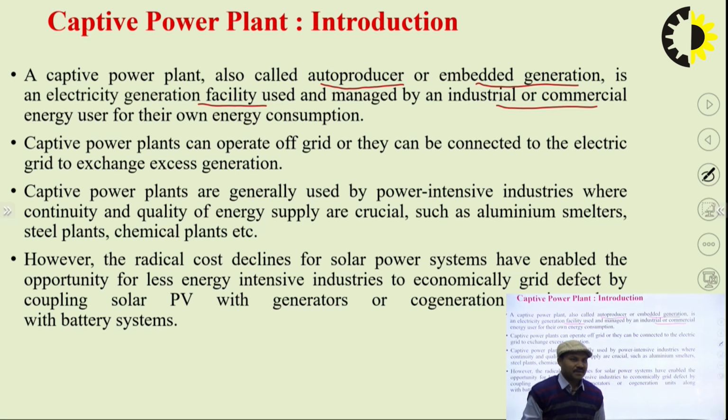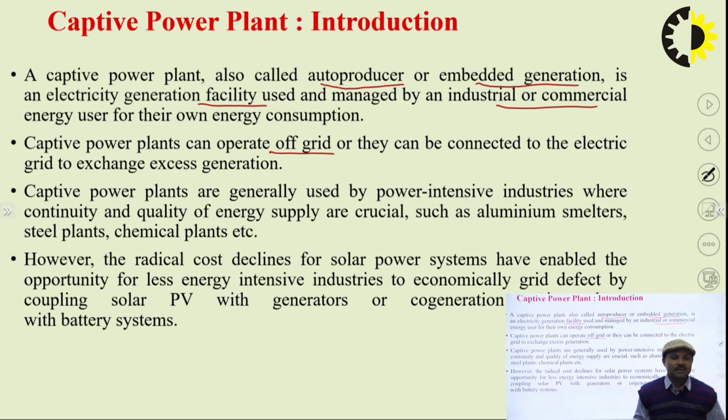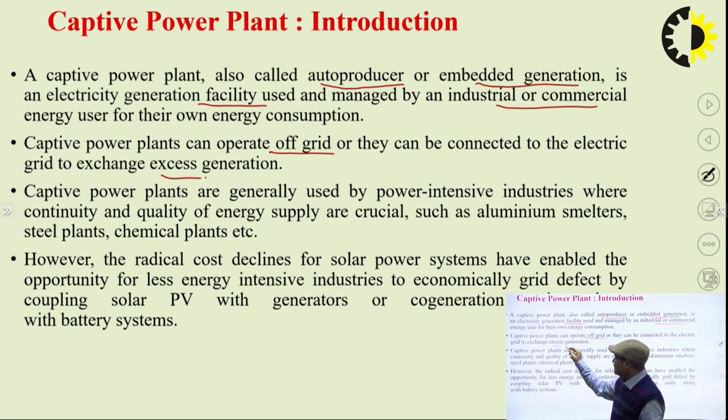That is a different case, but normally captive power plants are operated at the off grid level because they are using their own power generation for their own consumption. As I said, they can also be connected to the electric grid depending upon whether generation is in excess compared to the demand. So, that is all which is written.